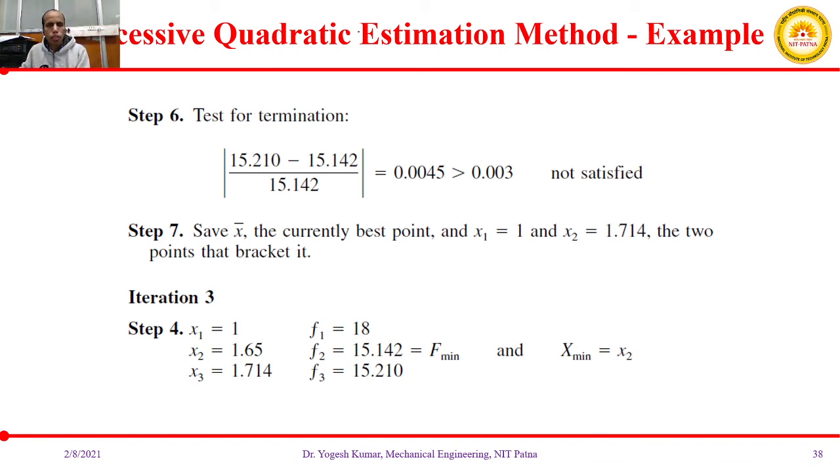Now again we will test for the termination condition. The minimum value of the function at the given point, 15.210, minus fx bar, upon fx bar. This value is again coming 0.0045, which is greater than your termination condition.